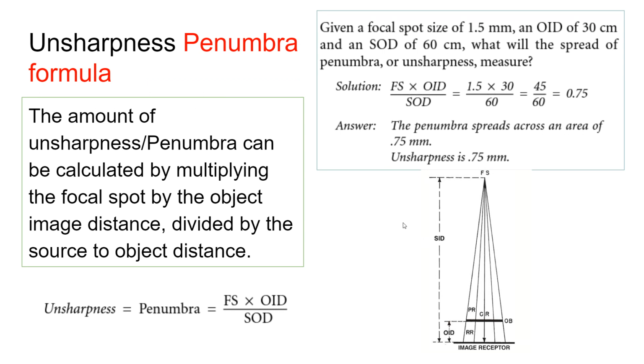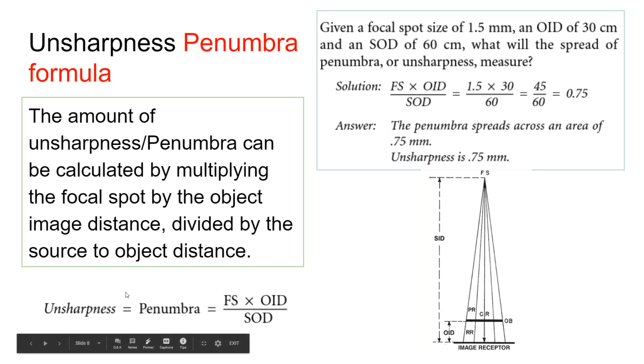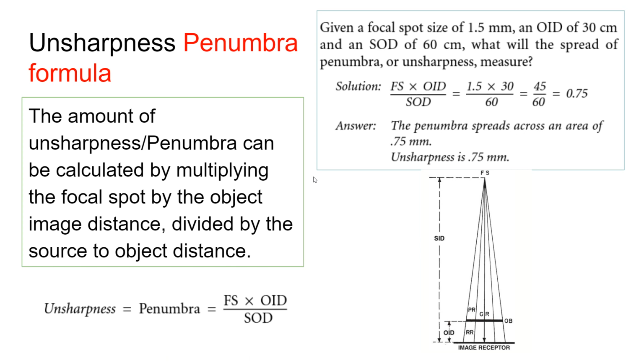So formula number 1. Unsharpness, also known as penumbra, which is why you have to know that if you're solving for unsharpness or solving for penumbra, it's the same thing, right? So you need 3 things to quantify this: you need your focal spot size, you need your OID, and you need your SOD.